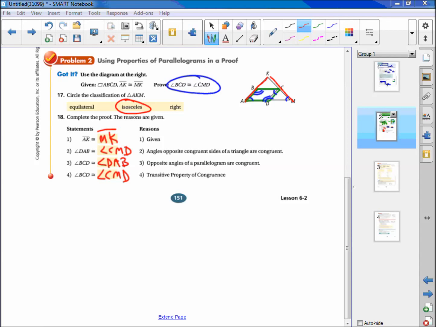So BCD is here, and CMD is there. So those are going to be congruent to each other. And the reason for this is the transitive property of congruence. And you can see from the statements above, we have DAB in both. So we can go from CMD directly to BCD, because we can just cut out the DAB in between, which is what the transitive property says to do.